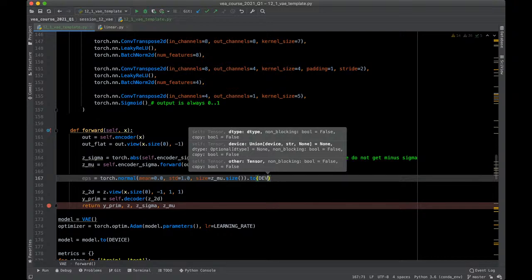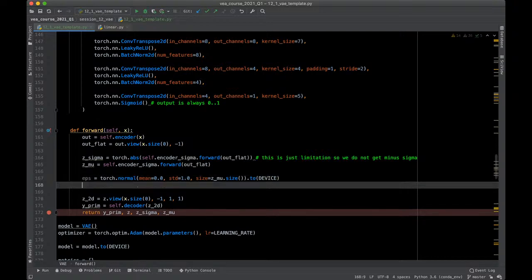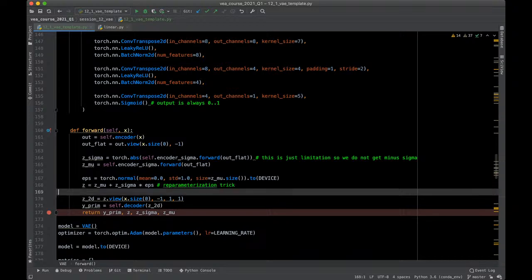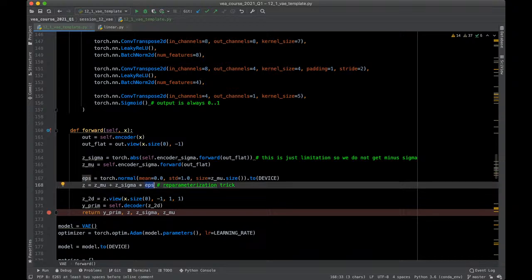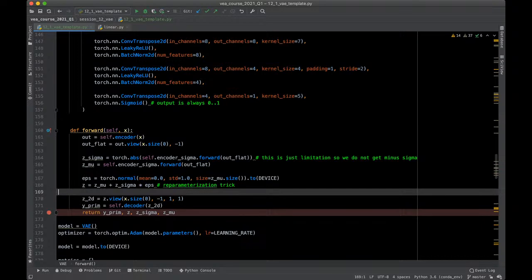So that's great. And then we have only the last small equation. So z is z mu plus z sigma multiplied by epsilon, and this is the reparameterization trick, just to make epsilon a constant that we can then include in our derivatives. So that should work, hopefully.